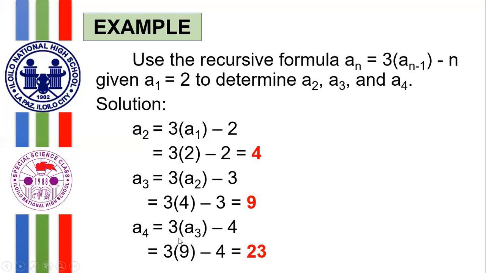So you have 3 times 9, which is 27, minus 4. That gives you 23. Hence, the second, third, and fourth terms are 4, 9, and 23 respectively. I hope you got it.